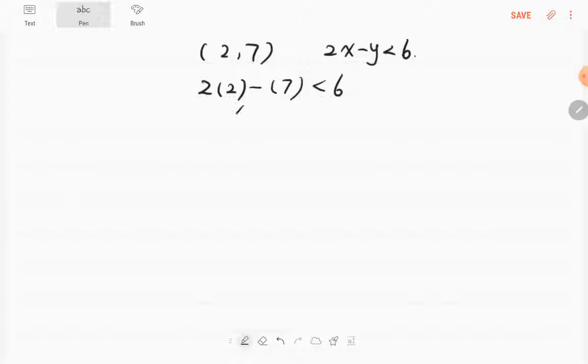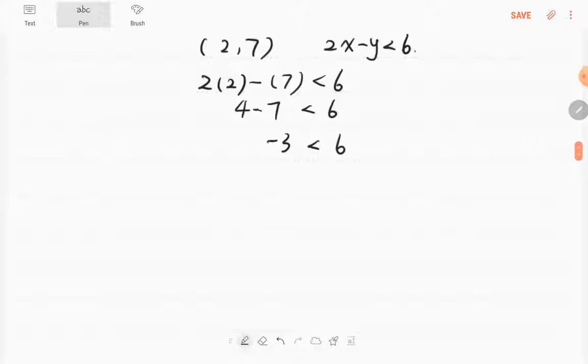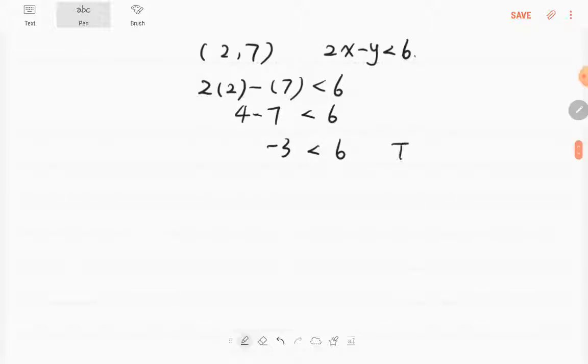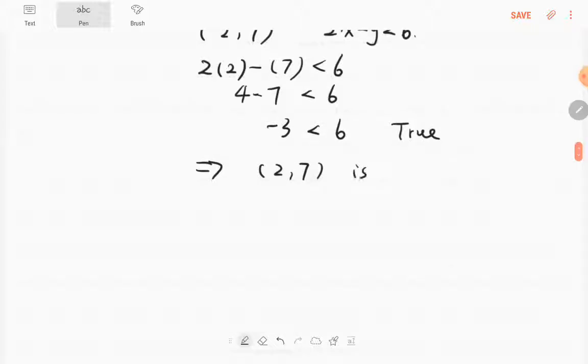We will get 4 minus 7 less than 6. The left side, we will get -3, and the right side, we'll get 6. So this inequality will be -3 less than 6. Is that true? Yes, it's true. So what's our conclusion? This ordered pair is a solution.